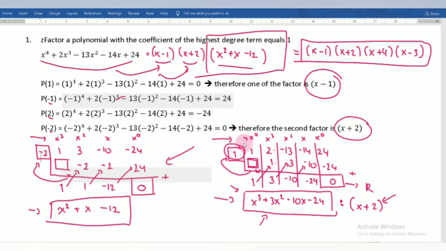Synthetic division will be safe only if the divisor is a factor with the coefficient of the x being 1, like x minus 1, x plus 2, x plus 3, or x minus 4. But if the factor is like 2x plus 1 or 3x minus 5, it is not suggested. So just don't do that with synthetic division, because there is something that you need to tweak after.